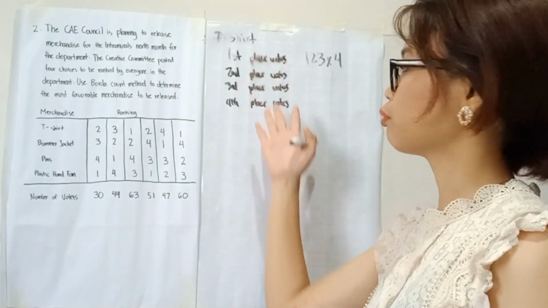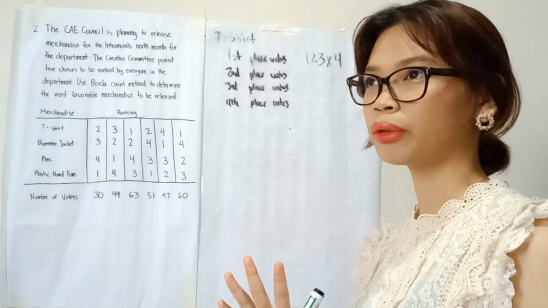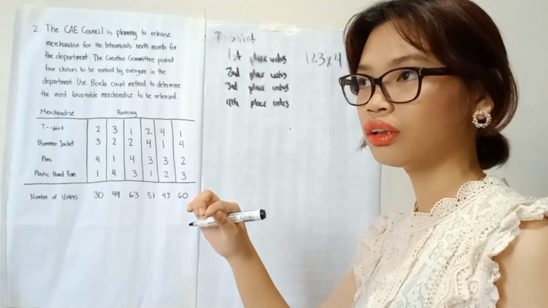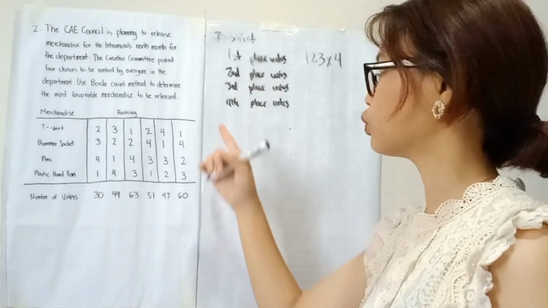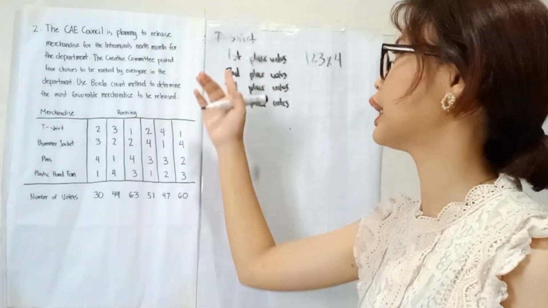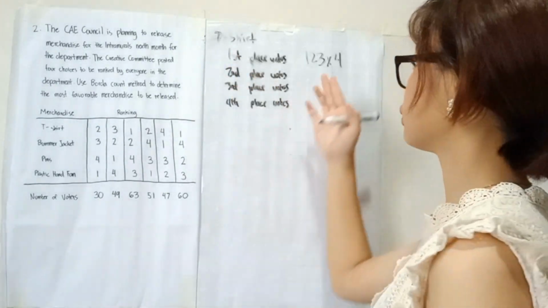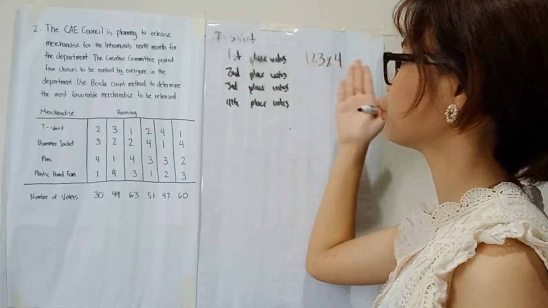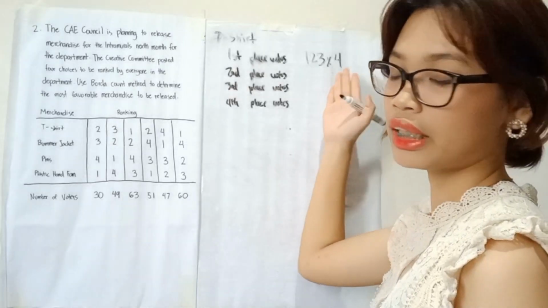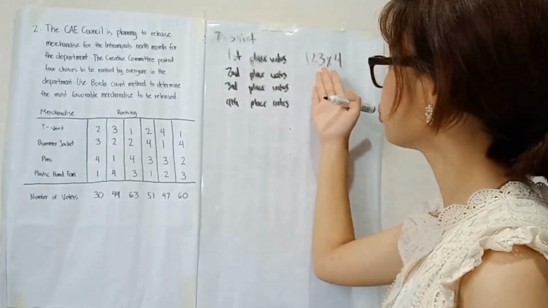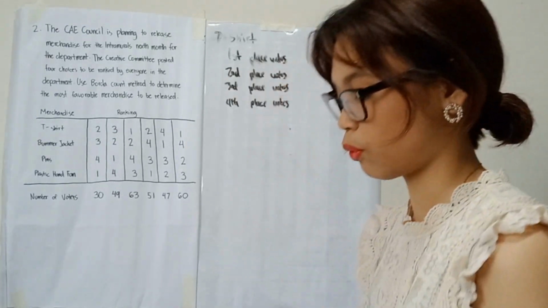Since the total places is 4, the last place, which is the least points, is 1 point. So third place is 2 points, second place is 3 points, and the first place is 4 points. So we multiply the number of voters to the number of points in a place. So 123 times 4 points.